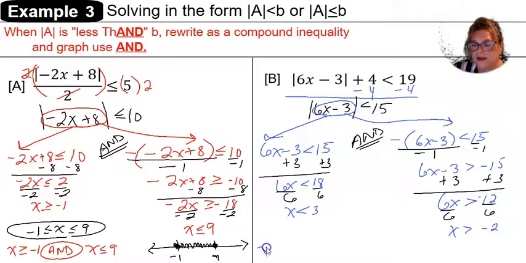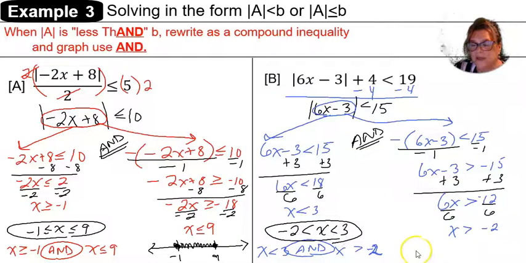So we'll have x's less than 3 and x's greater than negative 2. We could also write that as x between negative 2 and 3. Those mean the same thing.